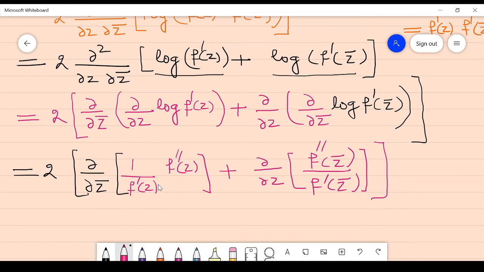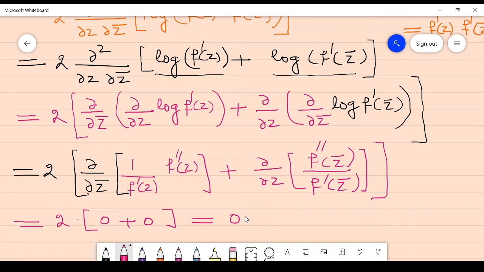Now this term is independent from z conjugate, so its derivative is 0. Similarly this term is independent from z, so its derivative is 0. So this is equal to 2 bracket 0 plus 0, which is equal to 0. So it means the left hand side is equal to right hand side. So that is our result.